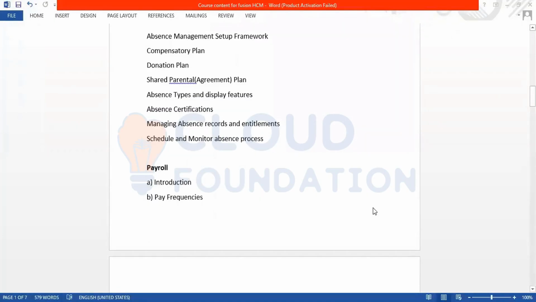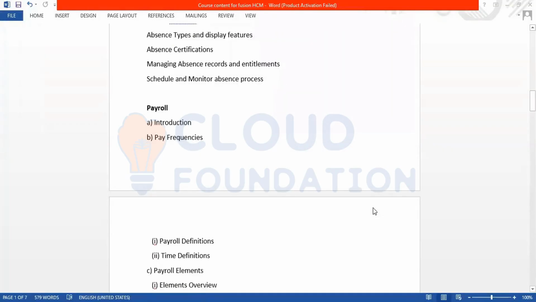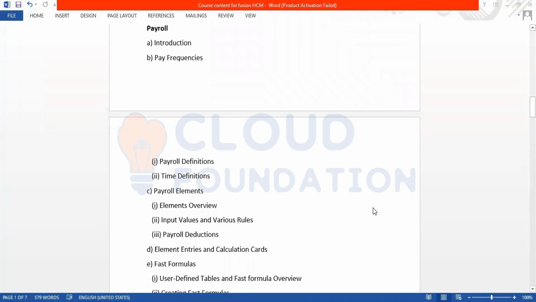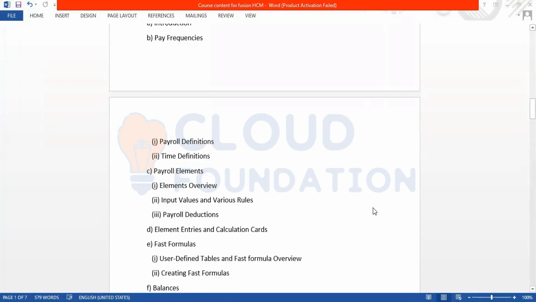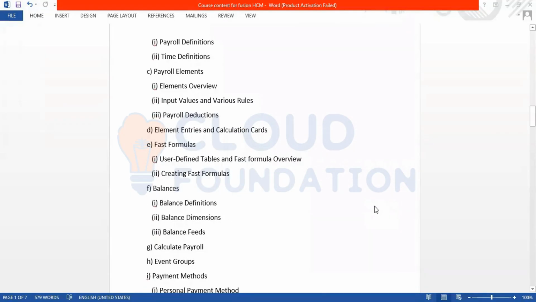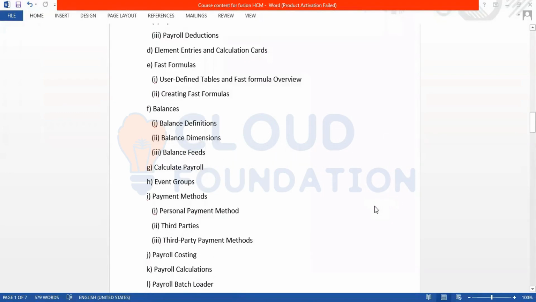And in payroll, the third module is payroll. What are we going to cover? In payroll, we have the pay frequencies, payroll definitions, time definition, and in payroll elements, we have element overview, input values, variable rules, payroll deductions, and element entries, balances, balance definitions, fast formulas. Calculate payroll.